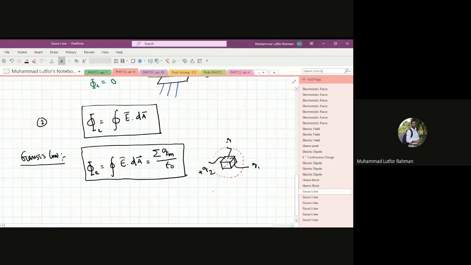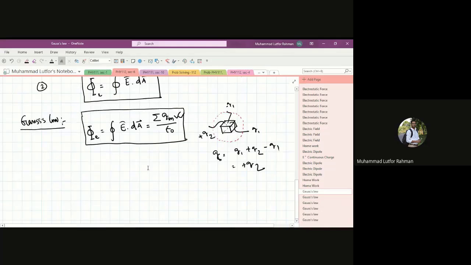Then the net charge would be the sum of these, right? I will write Q1 plus Q2 minus Q1. Basically the plus Q2 would be the total charge. That's the meaning of the summation of these charges. And this epsilon naught is a constant, right? So that's how we can find the enclosed charge or the electric flux.